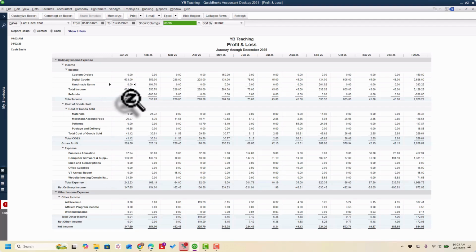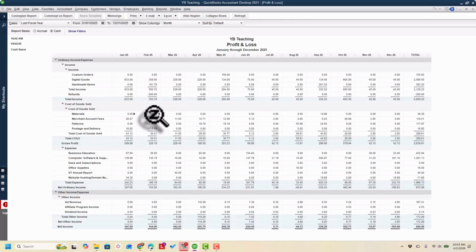So we've already talked about income. Now let's talk about cost of goods. So let's take February, for example. I had $191.70 worth of sales at the craft fair.